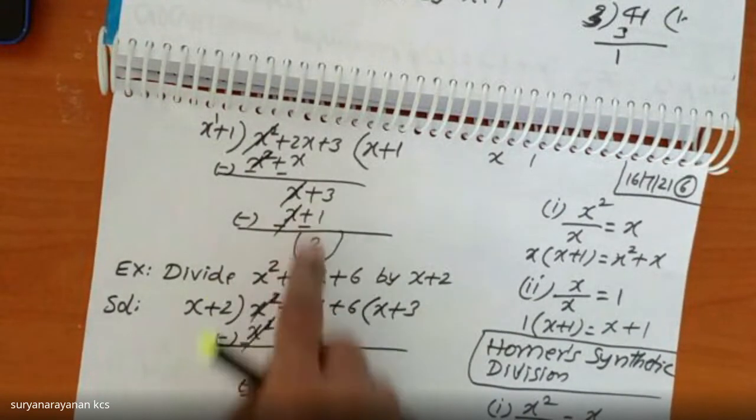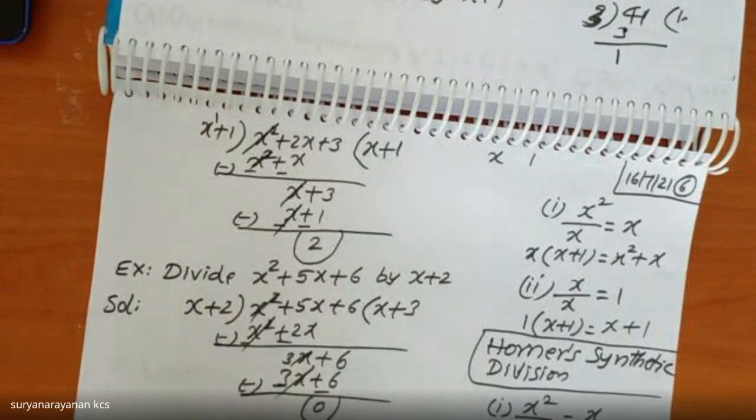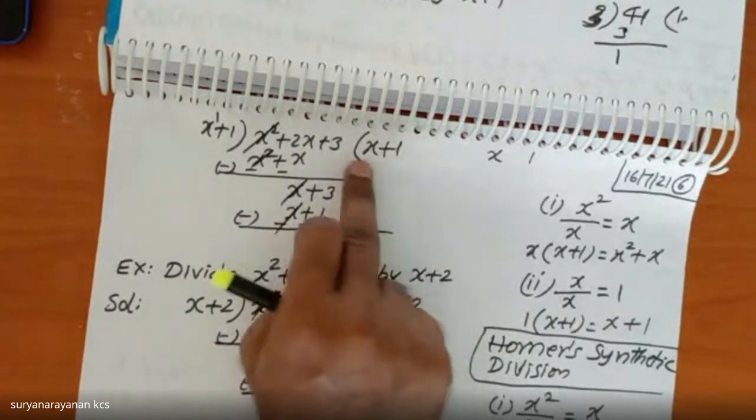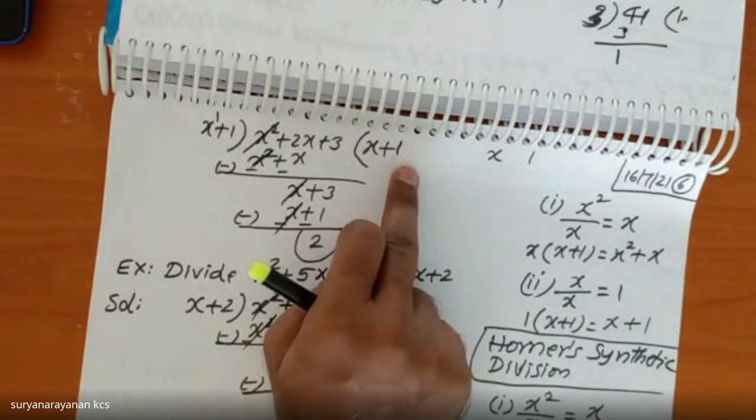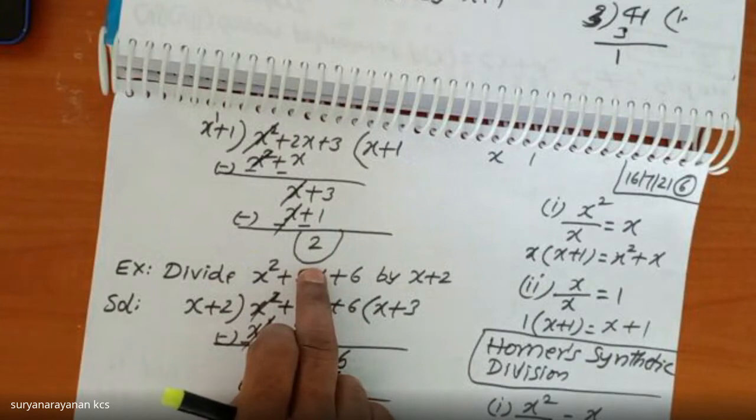This is a lengthy process to find only the remainder. If you give importance only to the remainder when you divide a polynomial by a linear polynomial, and not to the quotient, in that case we use the remainder theorem.